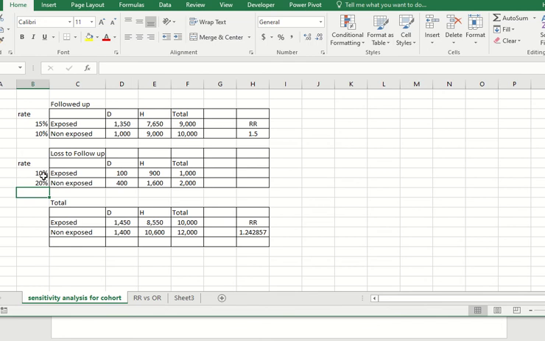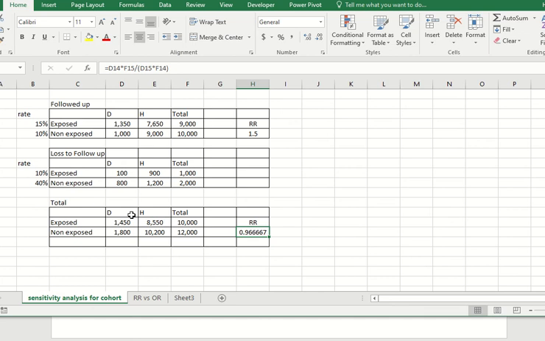Here, if the difference is 20, which is quite different from what you have over here, then your relative risk is still 1.24. Meaning there is still an association, but it's weaker. What if it was 10 and 30? Okay, if it's 10 and 30, I almost lost the relationship. What if it was 10 and 40? Here I lost the relationship.